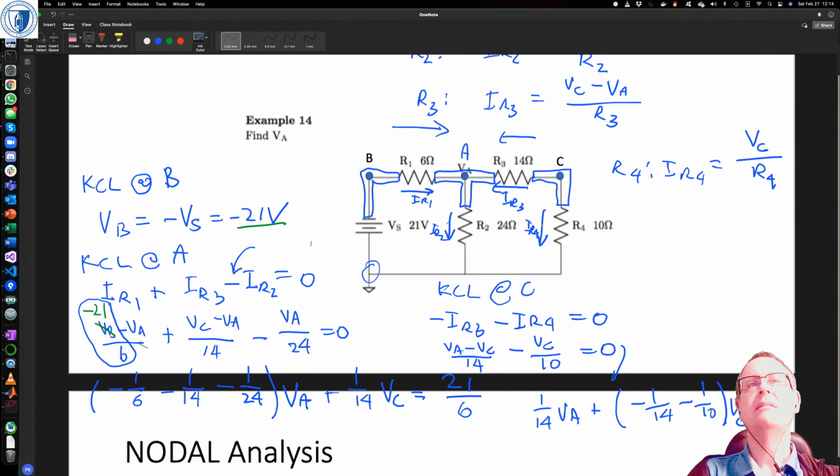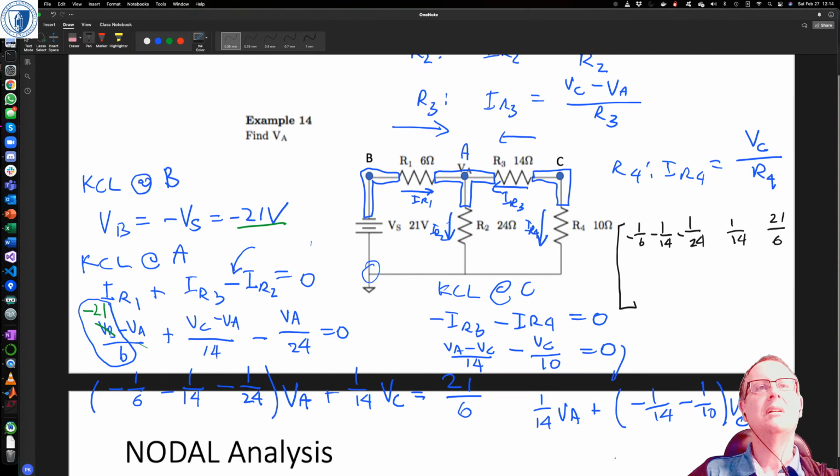And then I can write down our matrix formulation, right? So it's going to be minus 1/6 minus 1/14 minus 1/24, 1/14 and 21 on 6, and then this one is going to be 1/14, minus 1 on 14 minus 1 on 10, 0.